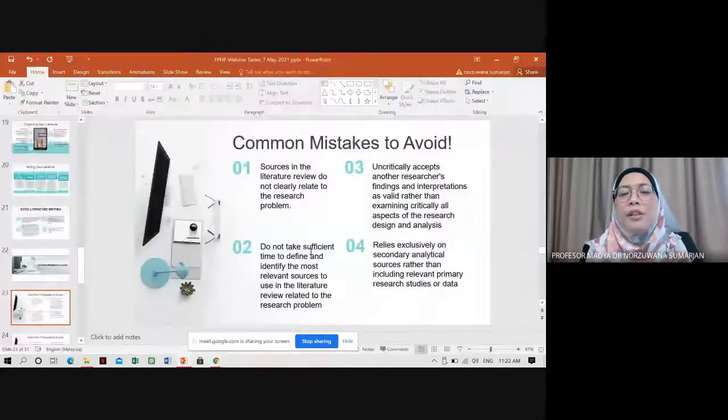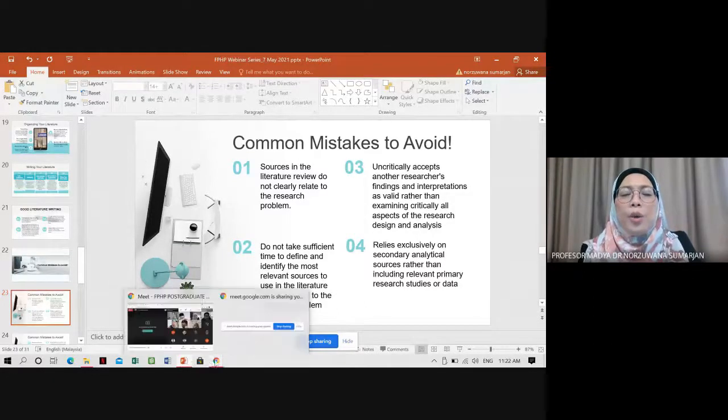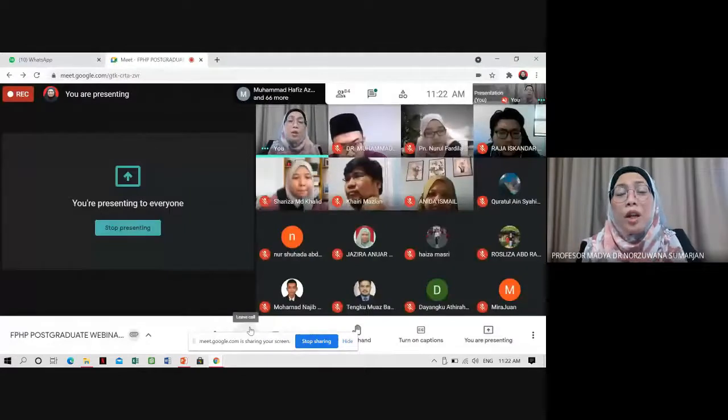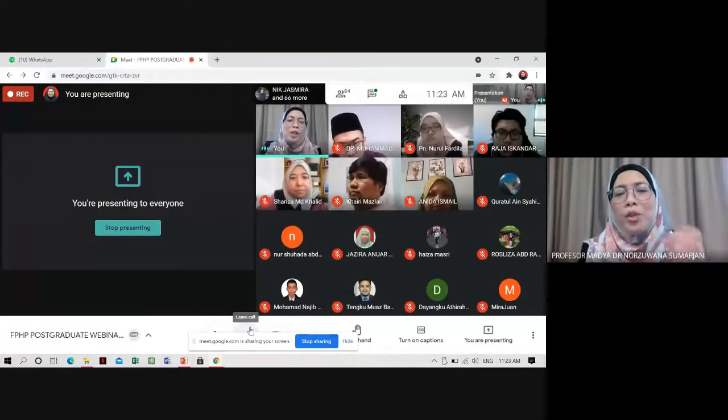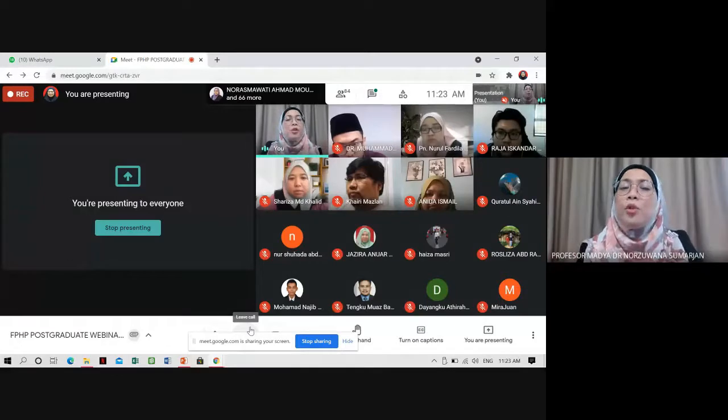The next one is that students do not take sufficient time to define and identify the most relevant sources to use in the literature review related to the research problem. When you do your literature review, you have to be very critical. You have to know which sources will better support your problem statement, because that is what you want to highlight.